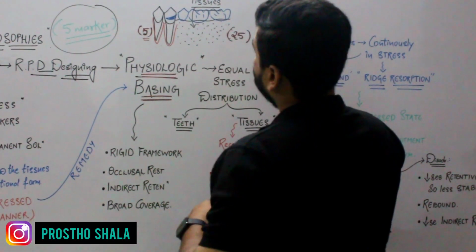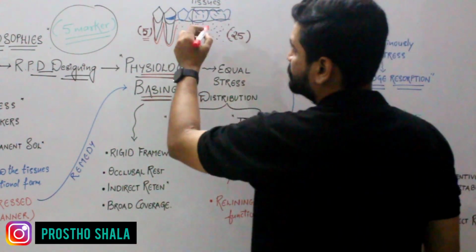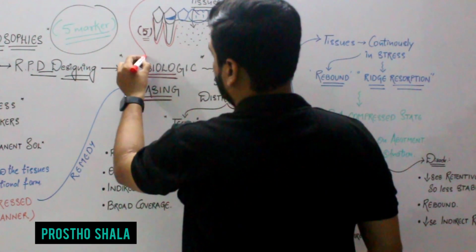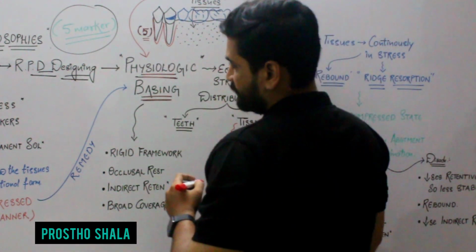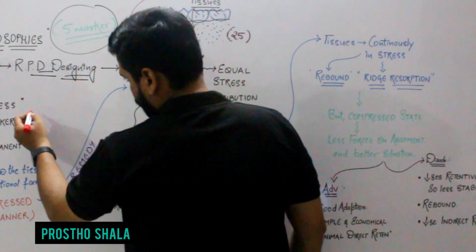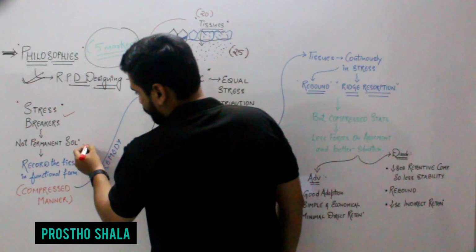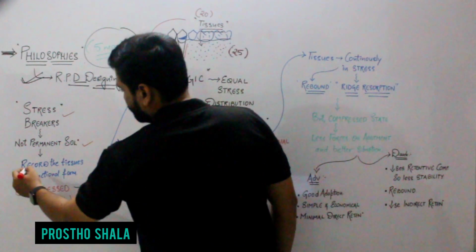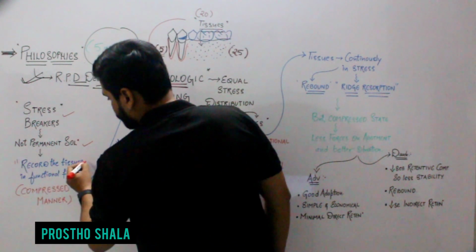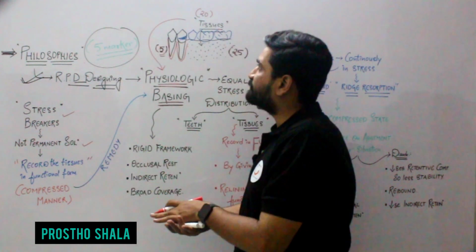So to counteract this difference of 20, the proponents of the physiologic basing theory pointed out that stress breakers are not the permanent solution. So we need to record the tissues in a functional form, or in a compressed manner.